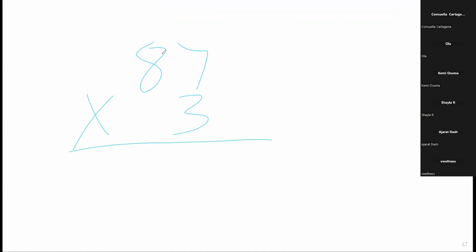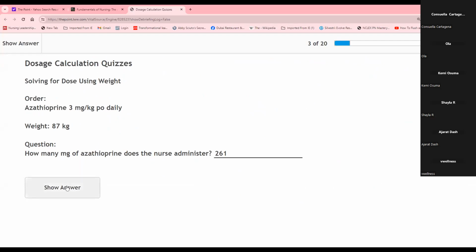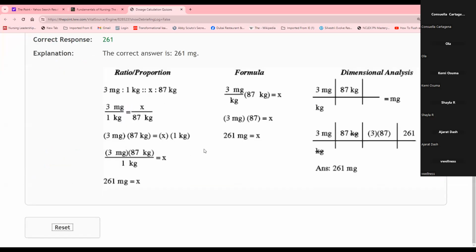Oh, very easy. Yep. And that would have gave you 261. Thank you. No problem. And then there's your math, depending on which way you do it. It gives you all 3 ways if you want to take a picture so you remember it for later.